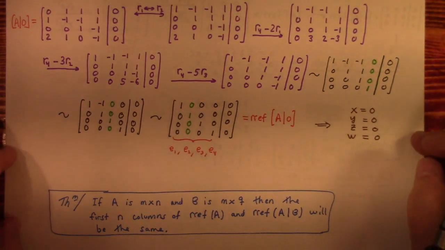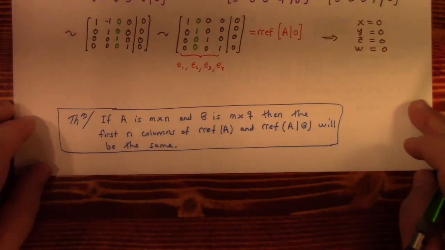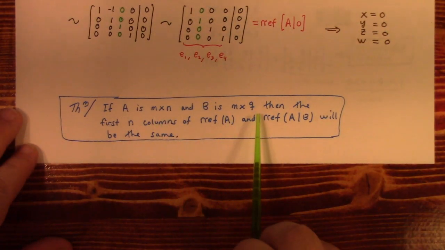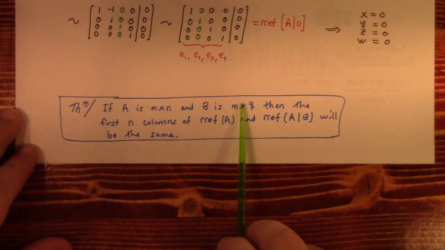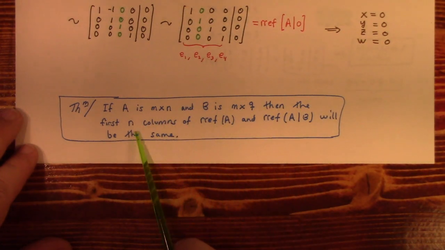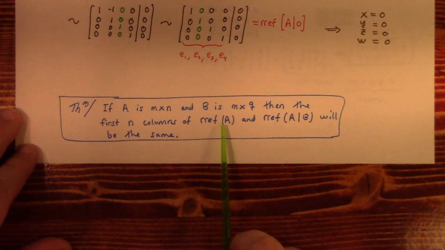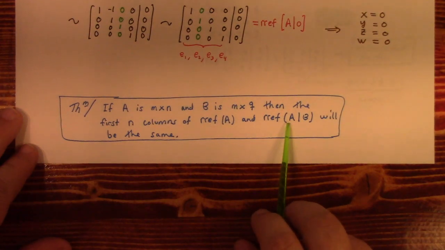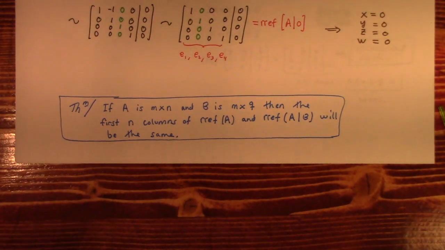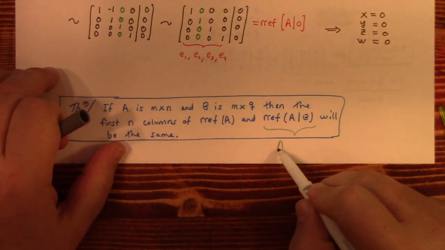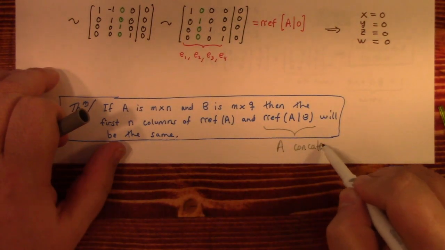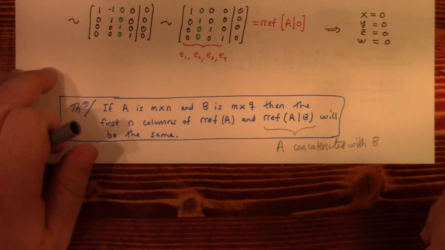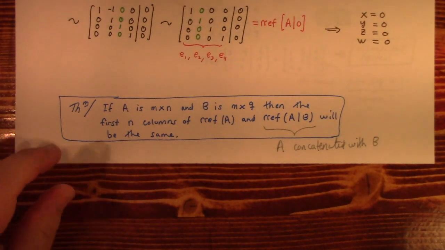Yay! And there's something else we should really pause and notice, which is that if we had an m by n matrix A and an m by q matrix B, in other words, both have the same number of rows, then the first n columns of the row-reduced echelon form of A with B glued onto it match the row-reduced echelon form of A. The way I read that, guys, is this is A concatenated with B. Of course, you could just say A glued to B if you like.